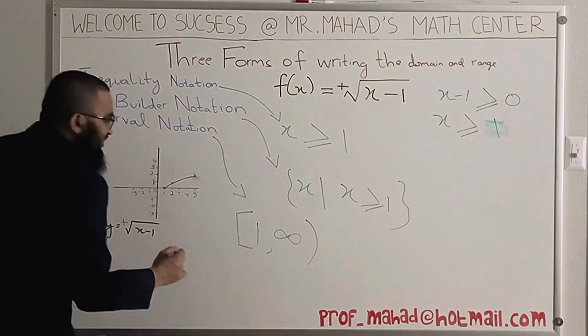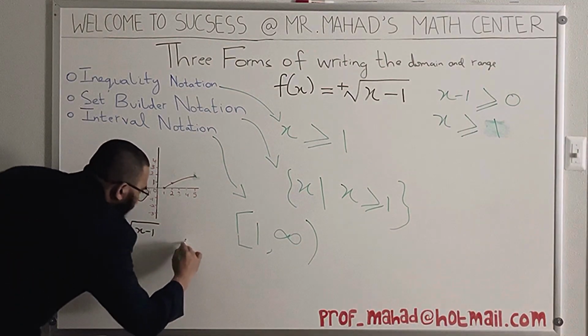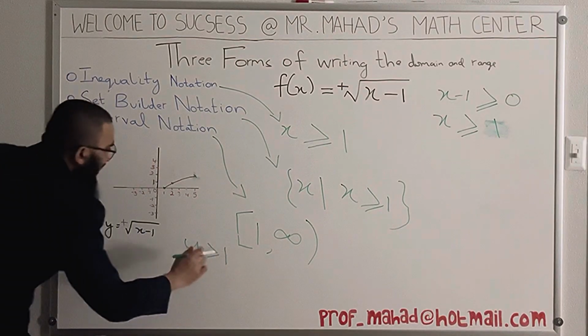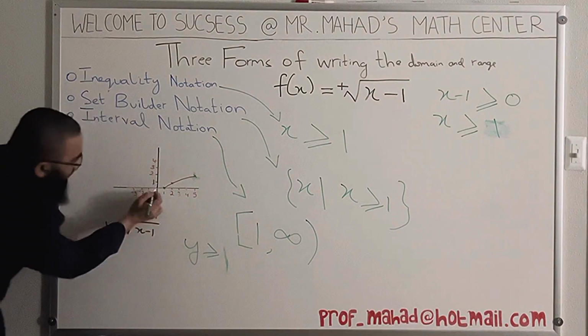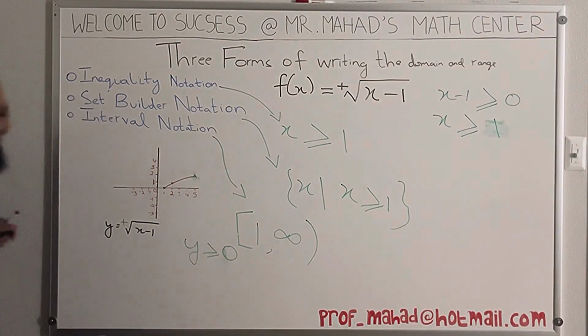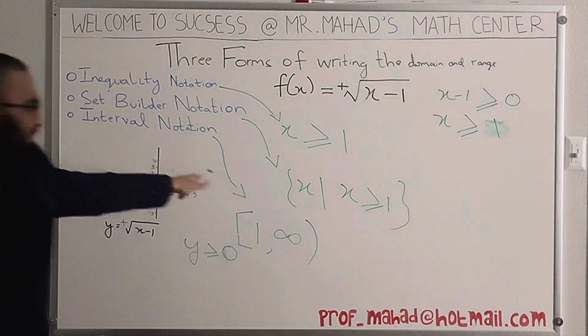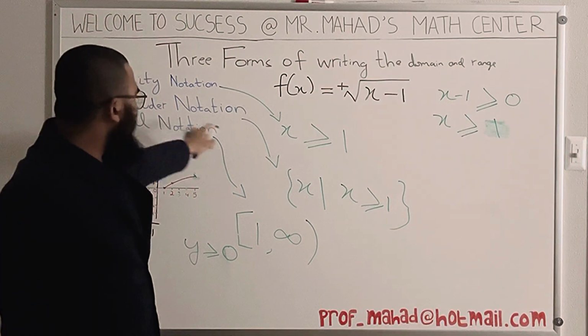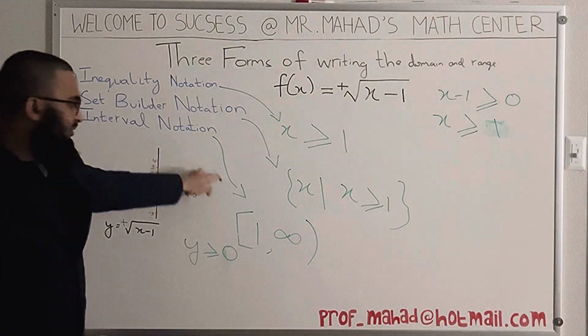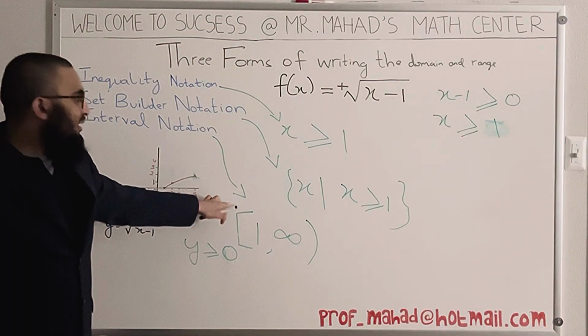So the range can be written as y is greater than or equal to 0. Now you can even write it similarly in the set builder notation, and in the interval notation.